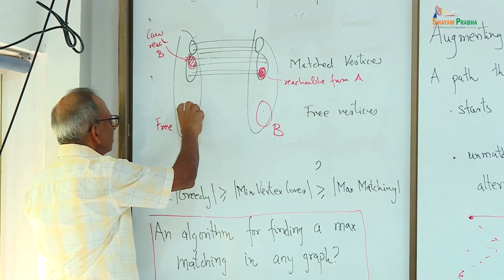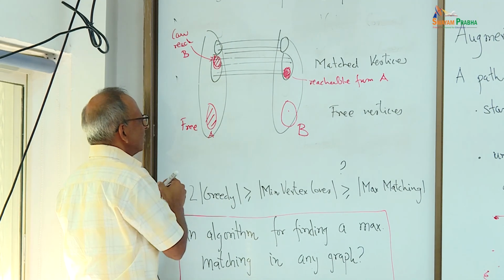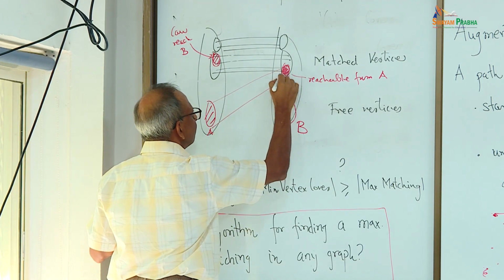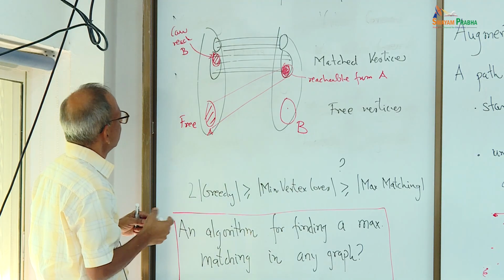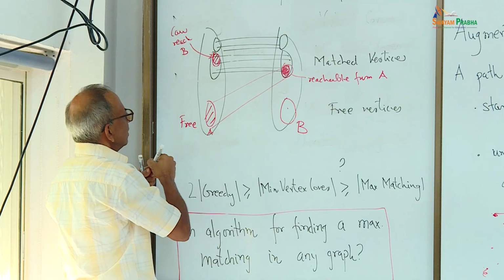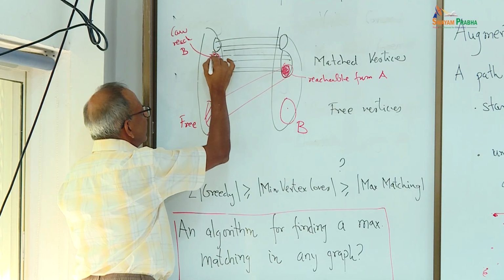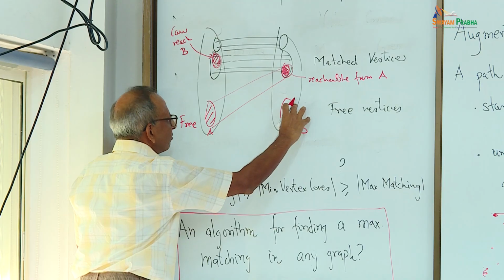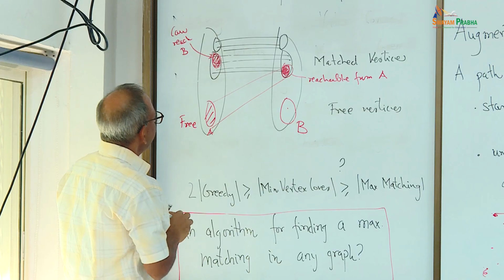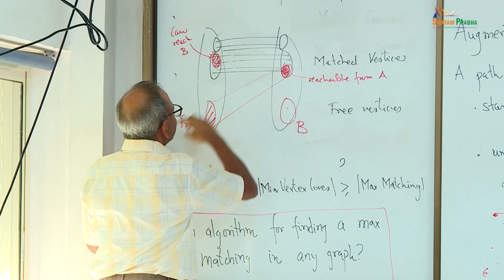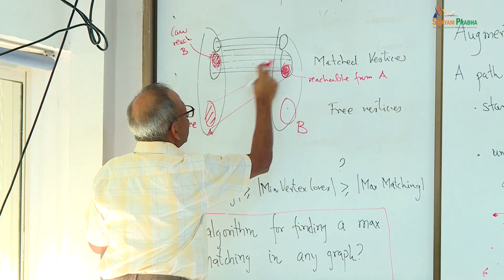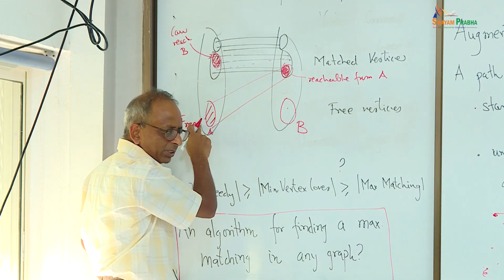So all the edges out of these free vertices must be going into this part. All the free edges from here to here must be going into this part. And there cannot be any free edges of this kind, because then even this vertex would have been reachable from this free vertex.